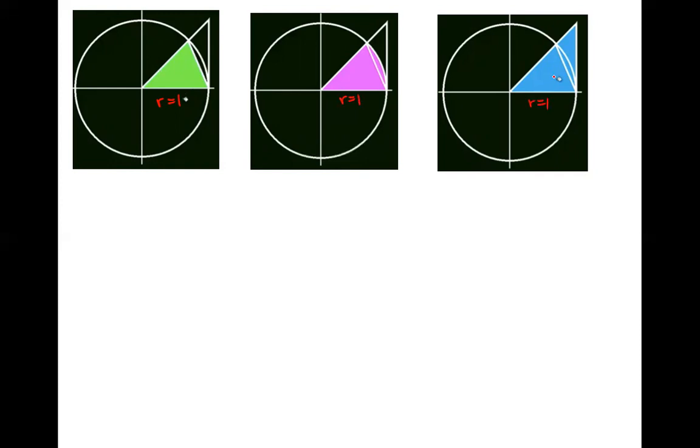Okay, that means I do have a green triangle. Then in the middle, I do have a purple part, which is just the sector of the circle. And then I have a little bit greater triangle. One thing is obvious: the green area is less than or equal to the middle one, and the middle one, the purple one, is less than the blue one.